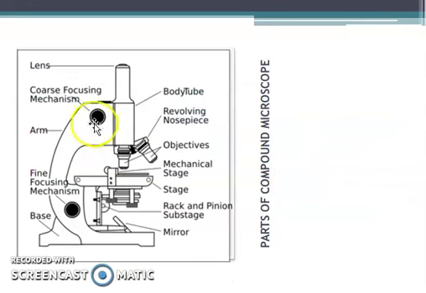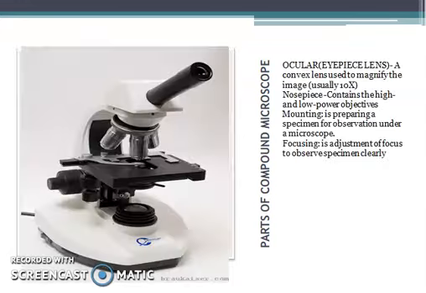Okay, so first let's try and label the compound microscope. Here it's what we call the ocular lens or the eyepiece lens. We look through this, and it usually magnifies 10 times.